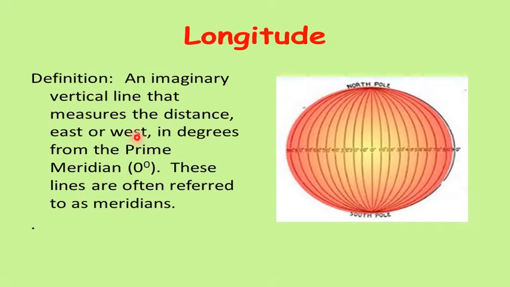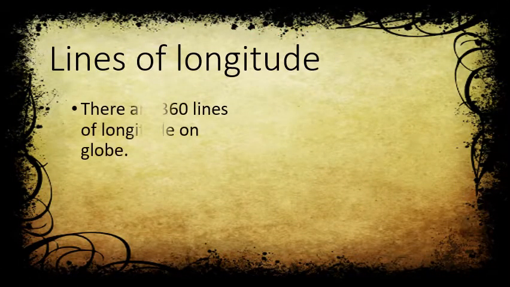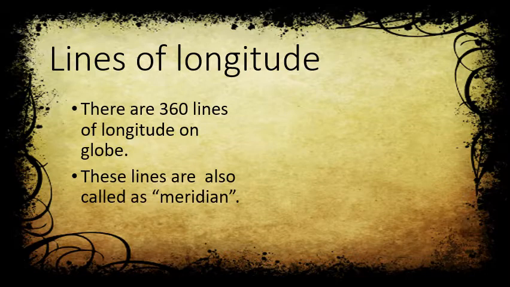Here you should remember that lines of longitude are imaginary lines and they are drawn vertically. There are 360 lines of longitude on the globe, and these lines are also called meridians.